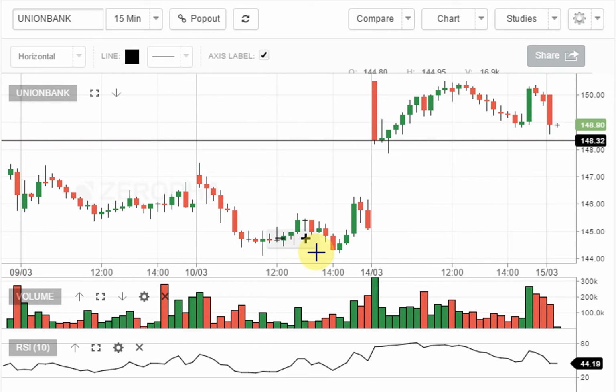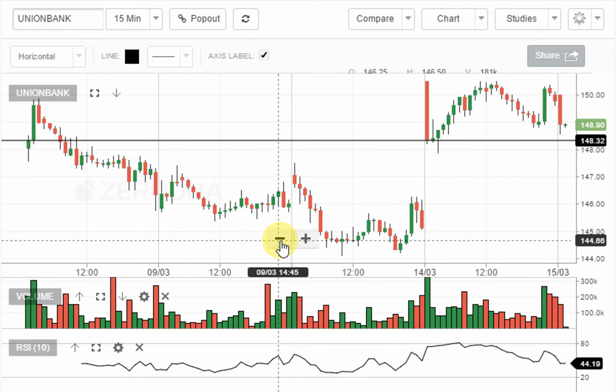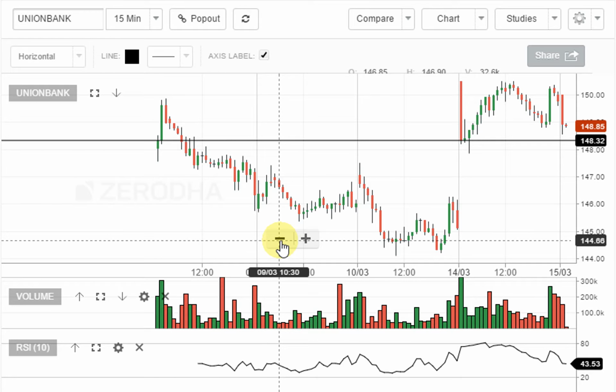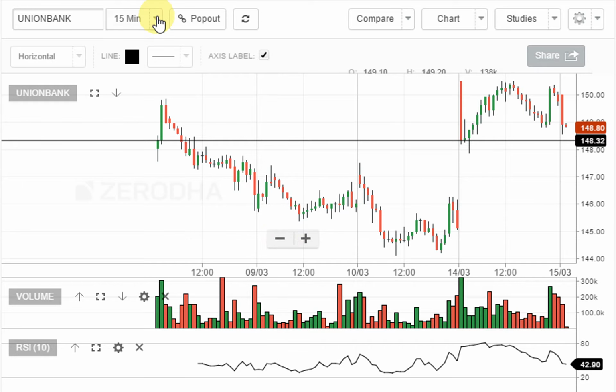So this line we can take as support. I'm sorry, there are some errors coming in this chart.